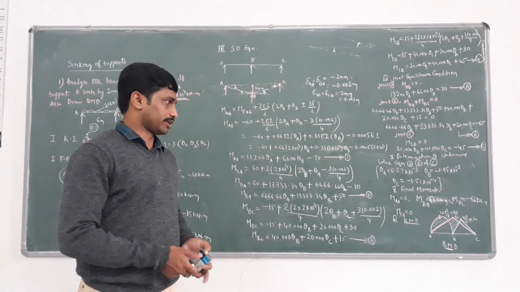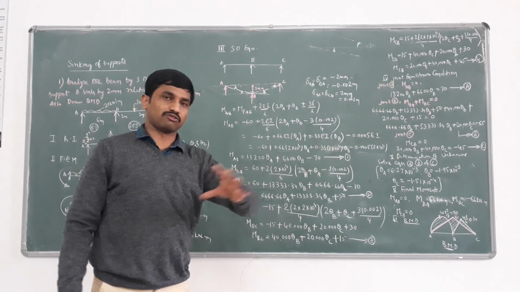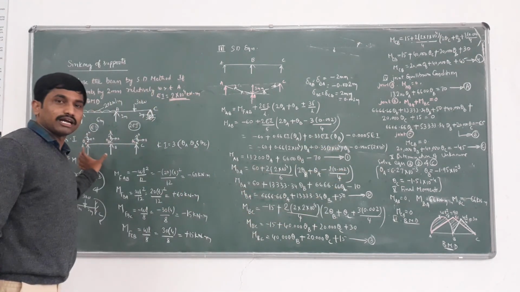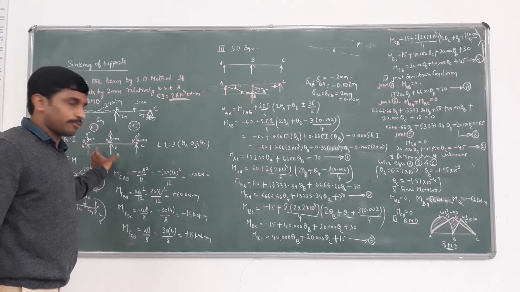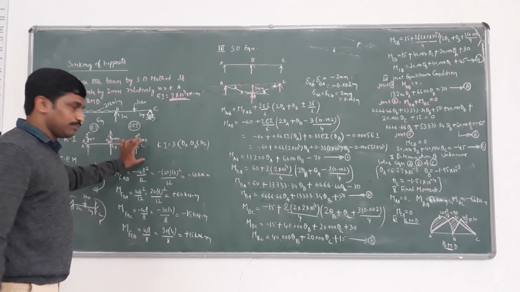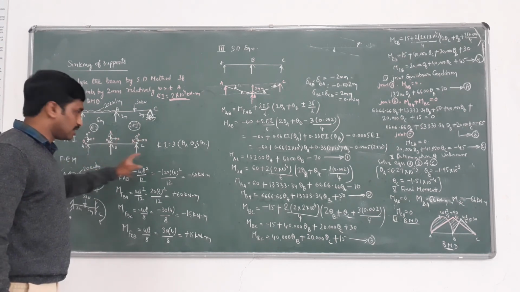I hope you are getting the things. I will explain once again the steps clearly. First, kinematic indeterminacy depending on given support conditions. Here 3, because we are assuming axially rigid.